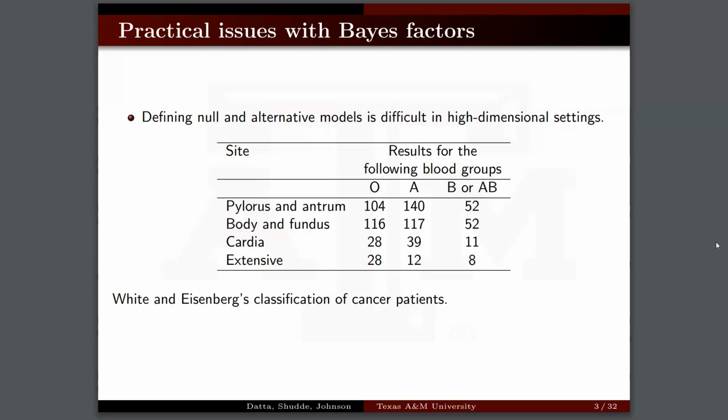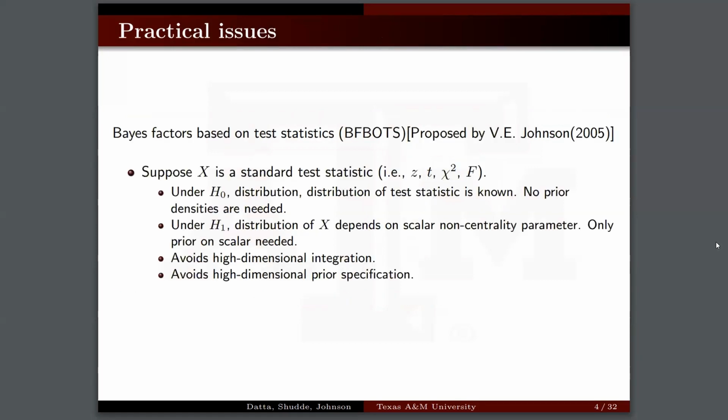Under the null, we would have to specify priors on the marginal probabilities, and computing such a high dimensional integral becomes cumbersome, and hence so does the computation of the Bayes factor. That will also induce subjectivity through the specification of so many priors. In order to circumvent that issue, Dr. Johnson proposed Bayes factors based on test statistics.